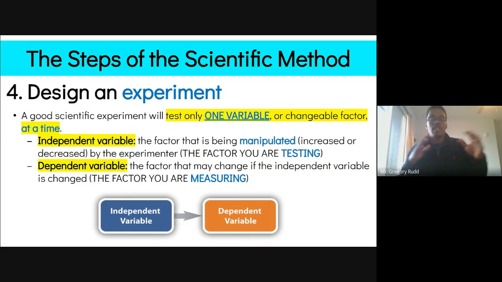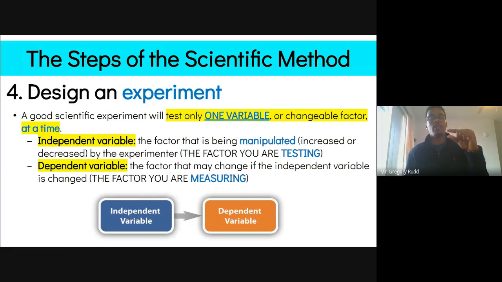But if you have all these other, what we call confounding variables, things that are having some type of effect on your experiment that you can't even control, then you can't necessarily say that this led to this, because it could have been something else. It could have been this other thing. So you need to have control over everything that's happening in the experiment.